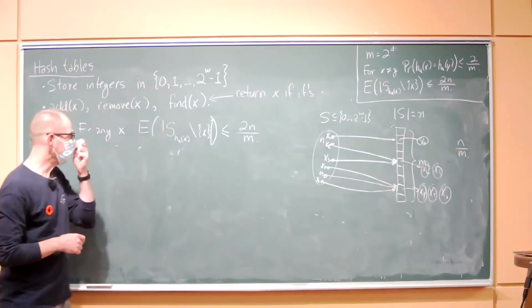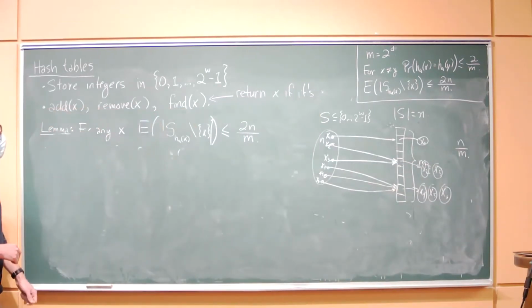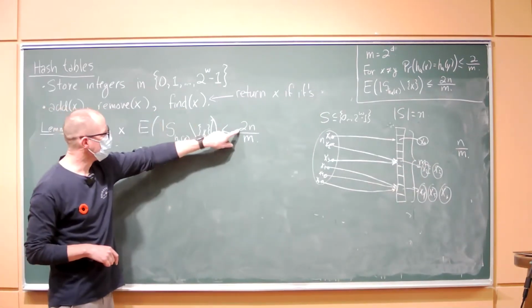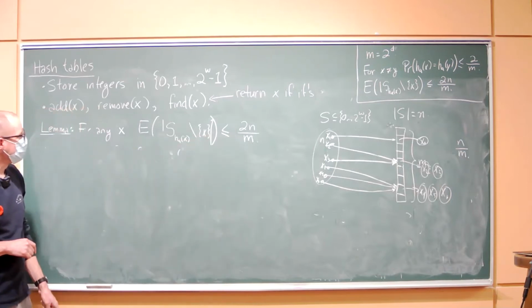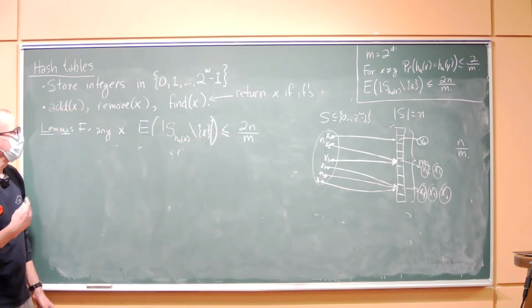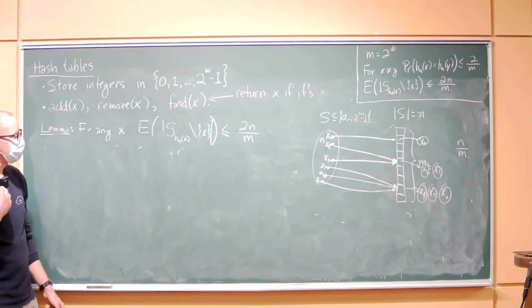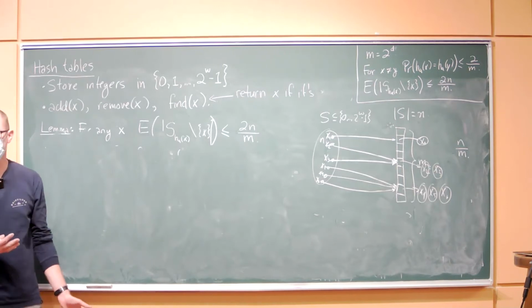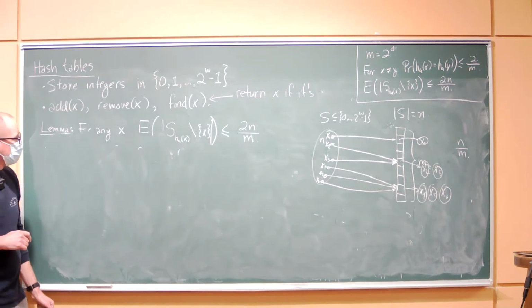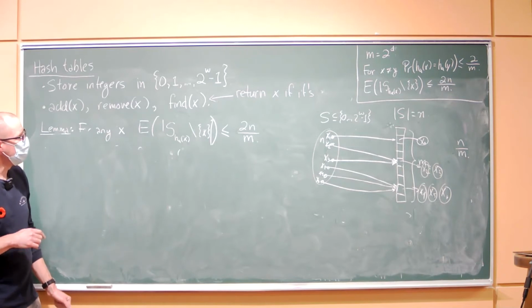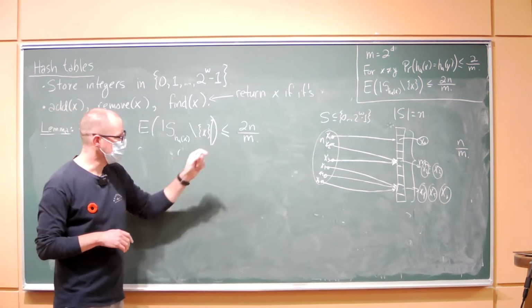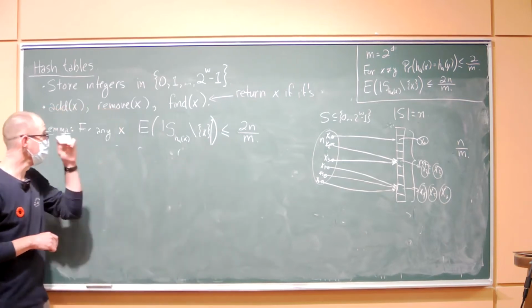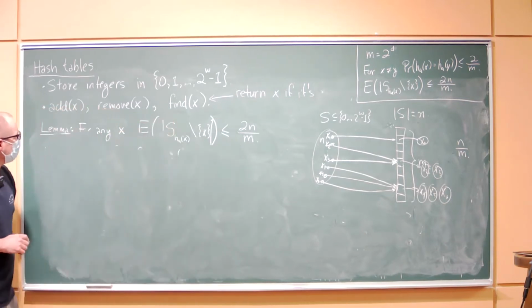And the expected length of that list is going to be at most 2n over m if x is not there, and at most 2n over m plus 1 if x is there. As long as I keep m and n the same size, then I get constant expected time to do find.